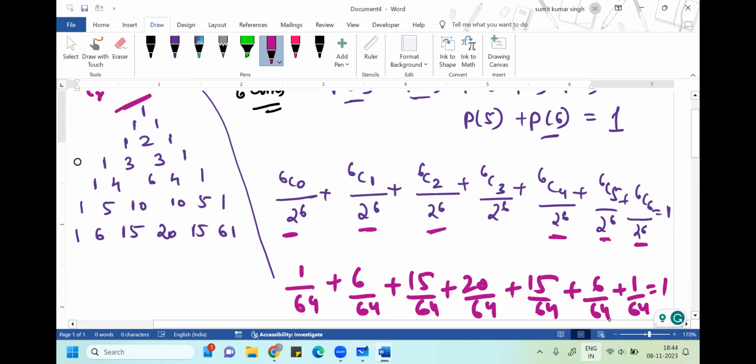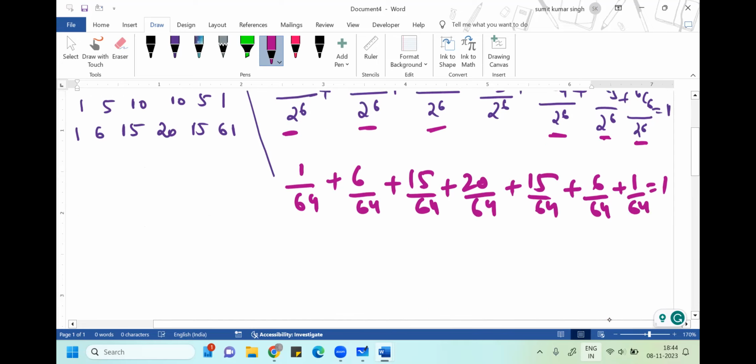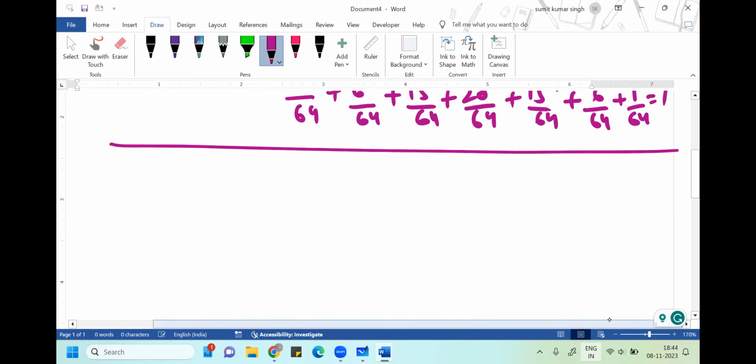Now you would be wondering why sir is spending so much time on this, because this is important. You might get a question that 6 coins are tossed together. What is the probability to get at most 2 head? Anyone tell me the answer for this? 6 coins are tossed together for your CA foundation exam.